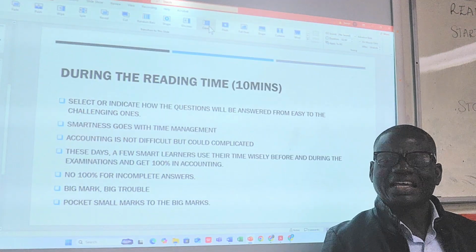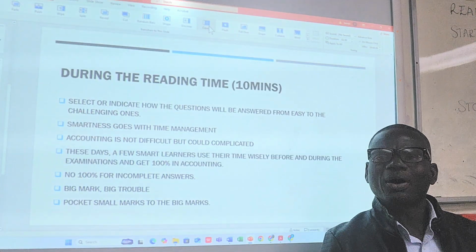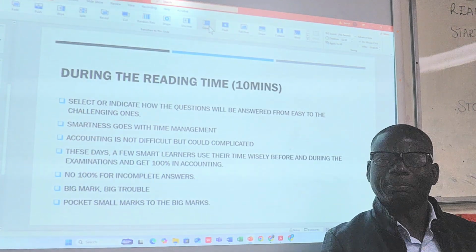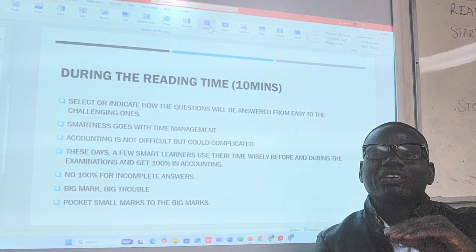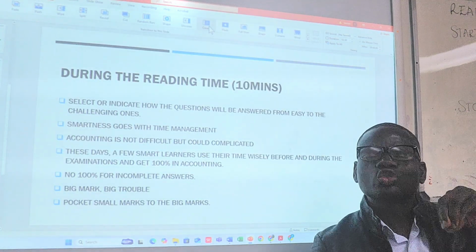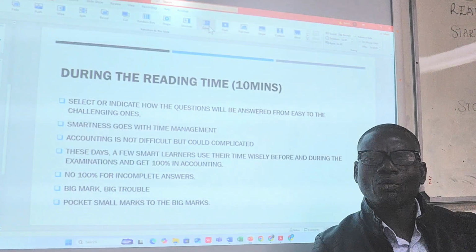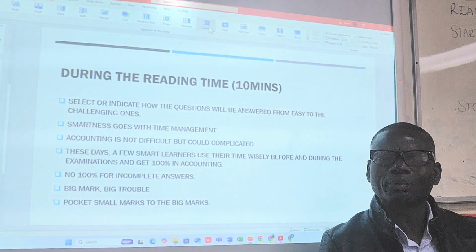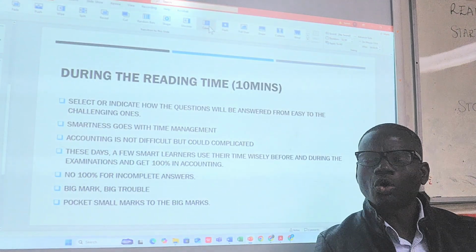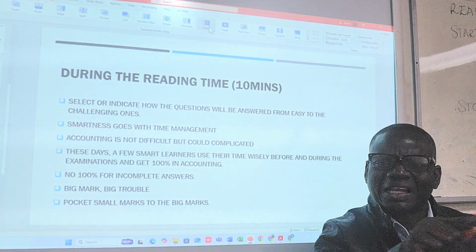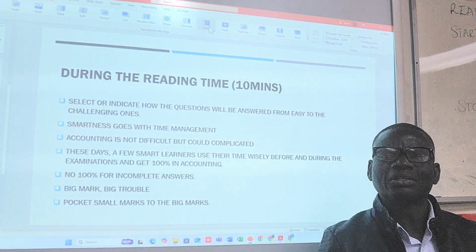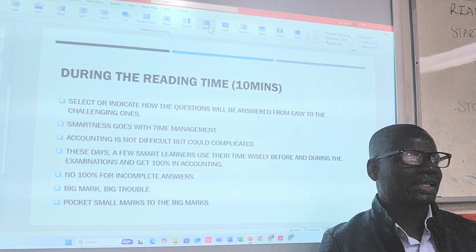We've been saying that the time is a problem. But what about those learners that finish the paper, smart one, they finish their paper completely, they even have the time to go through the paper one by one to know whether they omitted something or they made a mistake in one adjustment or one thing, which they can even draw a line on it and write the correct one before time is up with them.